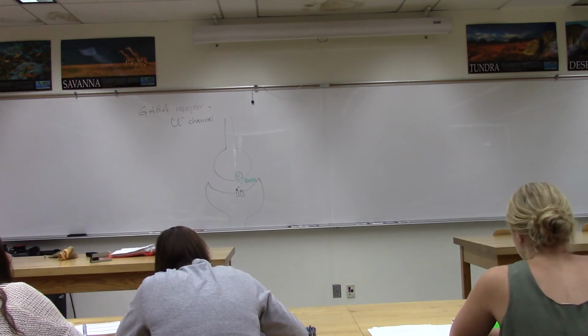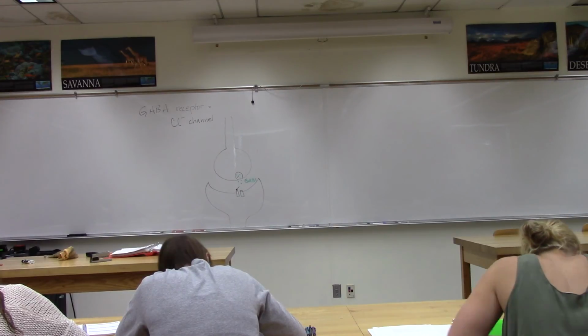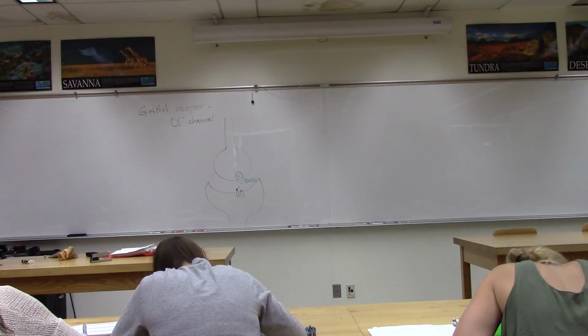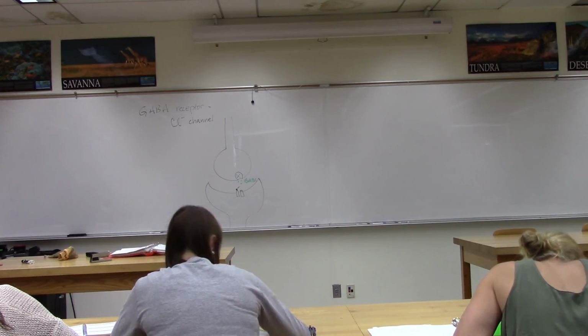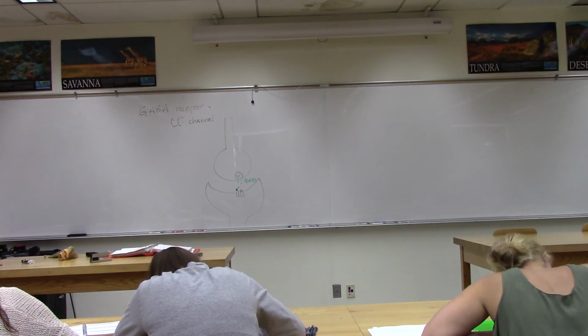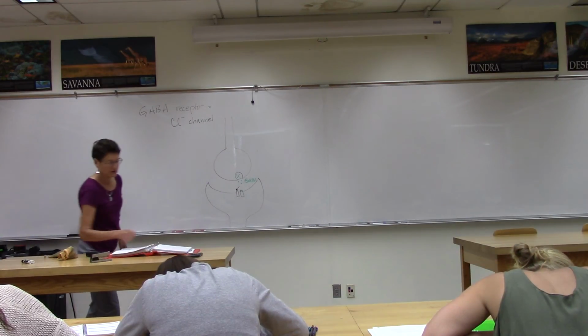And my question to you is, and I'll give you all the numbers you need to know, does chloride move out of the cell or does it move into the cell? And then how is that going to change the voltage of that cell with the GABA receptor?